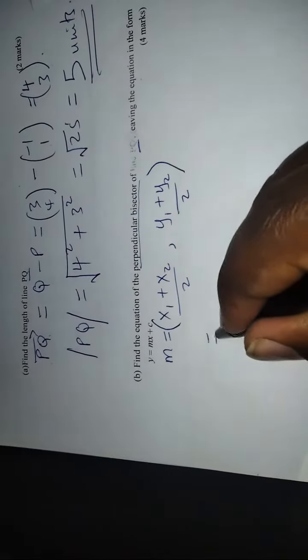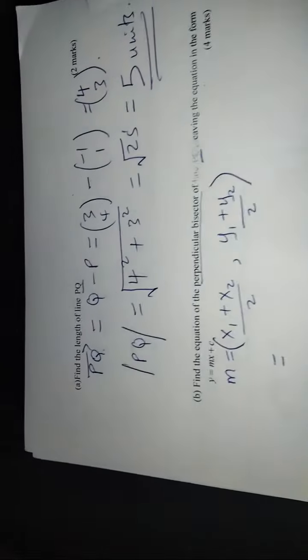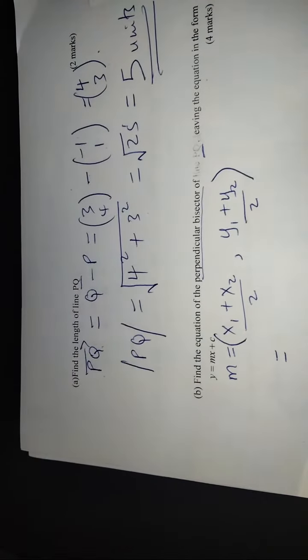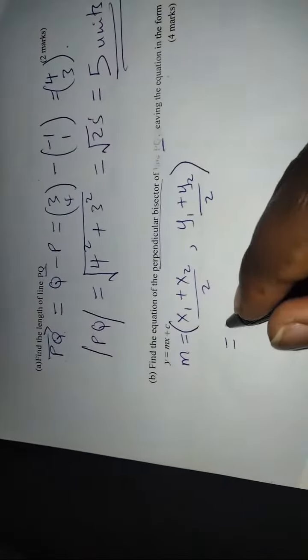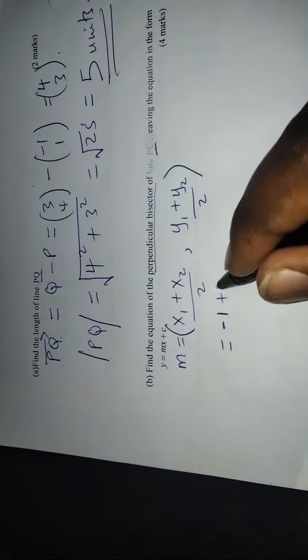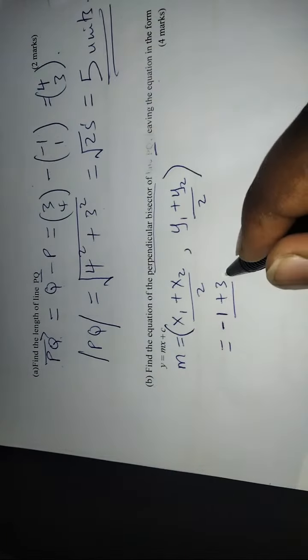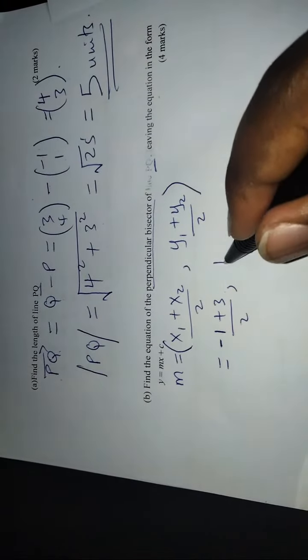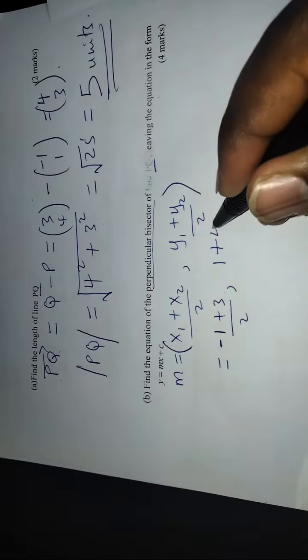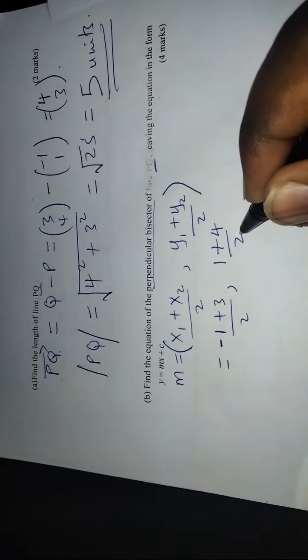Therefore, we need for PQ where this line passes, because the coordinates of P and Q are (-1, 1) and (3, 4). So the first x is -1. We add 3, which is the other x, and we divide by 2. Then the first y is 1 plus the second y over 2.